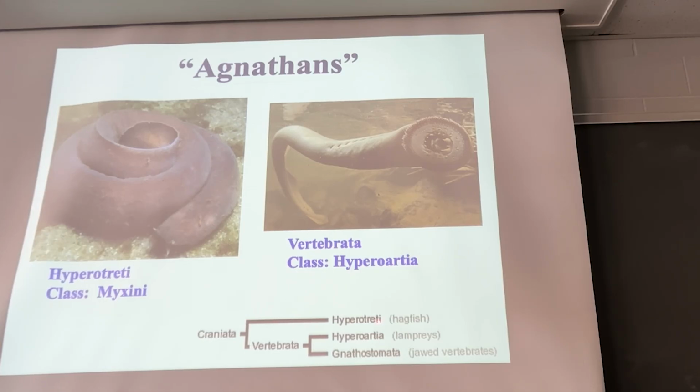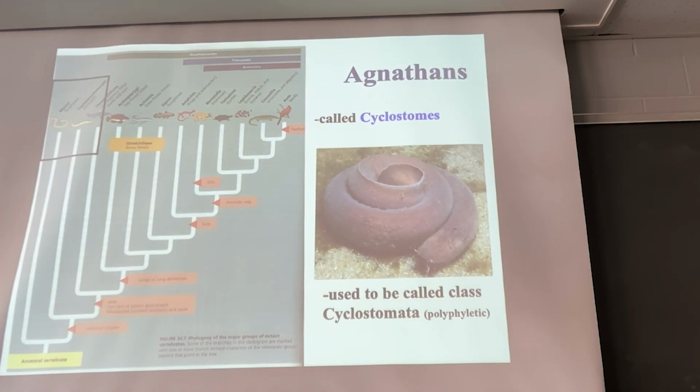So let's talk about these two groups. They are similar in a lot of ways, and there's a lot of overlap with them. Now, this group they belong to, there aren't very many of them left, and we used to use this clade name. We used to call them Cyclostomata, which means round mouth, but we don't use that term anymore.